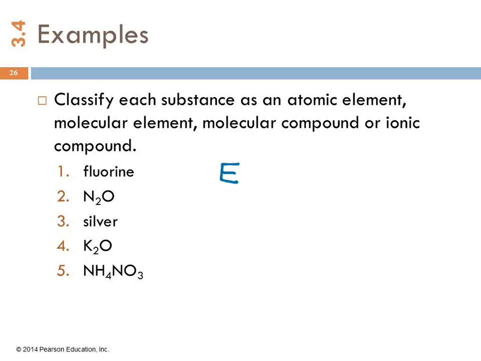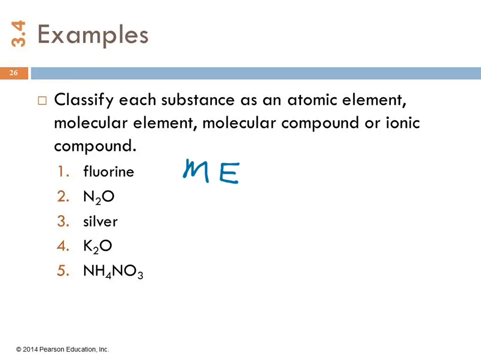Most compounds have 2 words in their name, just like most people go by a first name and a last name. Not everybody, but most people. So the fact that this is 1 word suggests that it's probably an element. Also, if we can find it on the periodic table, it's going to be an element. Is this going to be molecular or atomic? Molecular, because it's one of the 7, right?